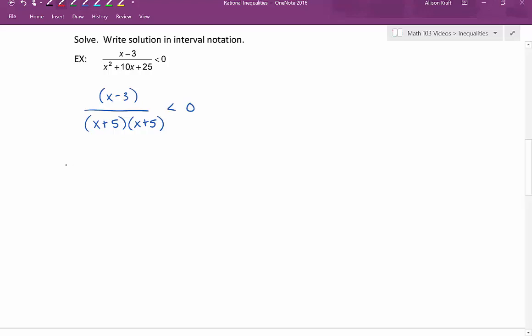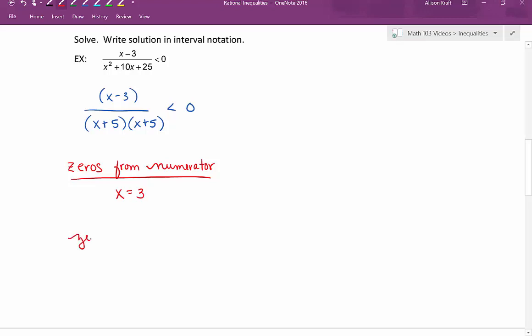So we want to find the zeros from the numerator. Setting our numerator equal to 0 and solving, we get x equals 3.